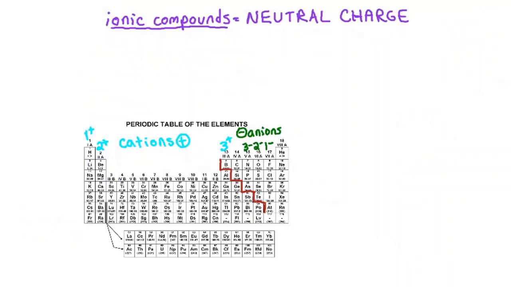Now, when you want to actually write the formula for ionic compounds, what you have to remember is that ionic compounds are going to have a neutral charge.